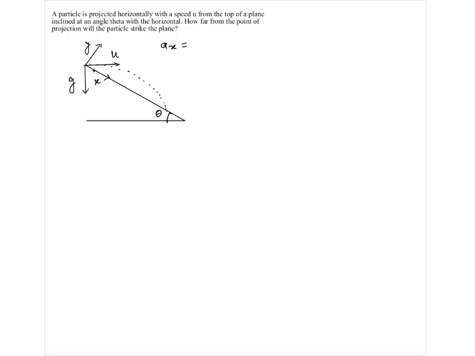This component will be g cos 90 minus theta. G cos of this angle, and that angle is 90 minus theta.